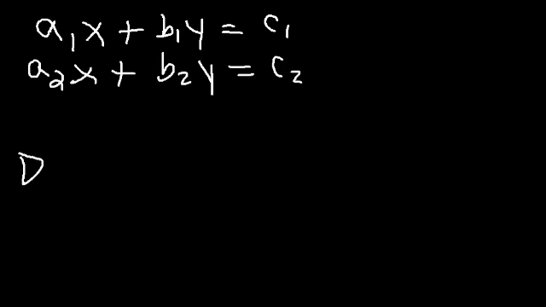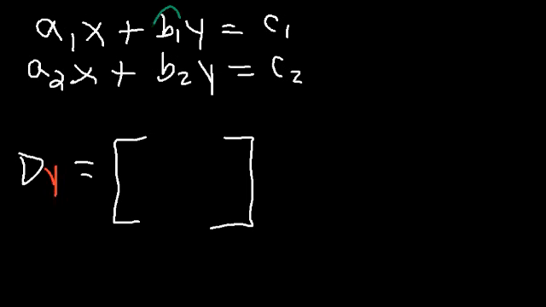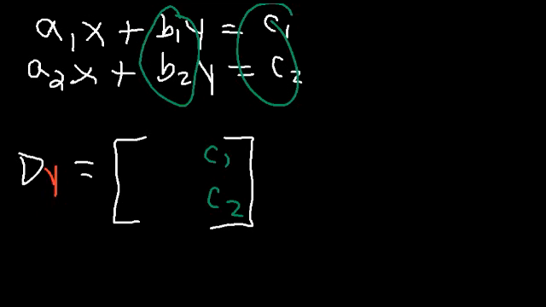To calculate dy, we need to replace the coefficients of y with c1, c2. So c1 and c2 have to be in the place of y, which is the right side.